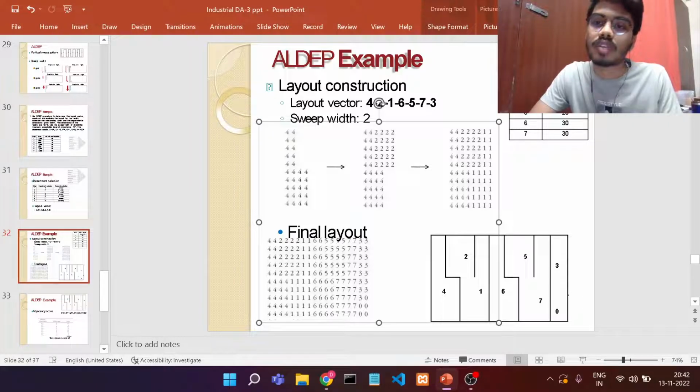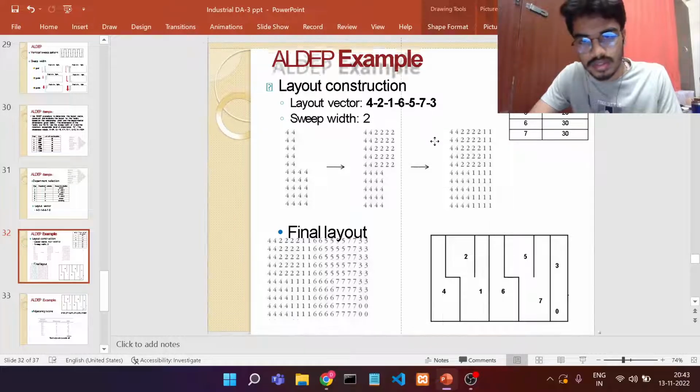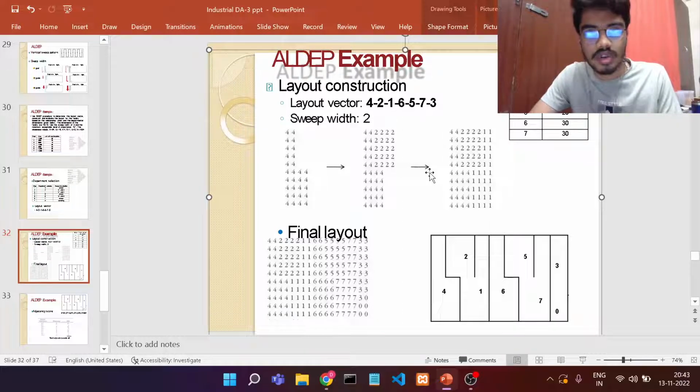So you will calculate how many 2's you need to place. There are a total of 20 2's. So you start from here and place it likewise until it becomes a total of 20. If you do it like this, your final layout will become somewhat like this, and this is what your Aldep is.